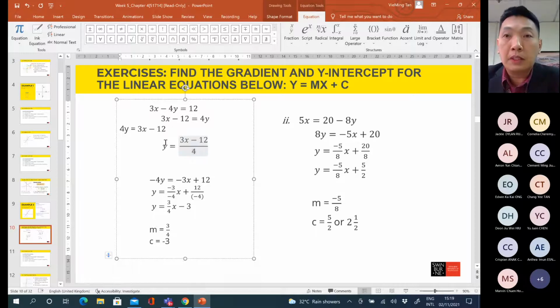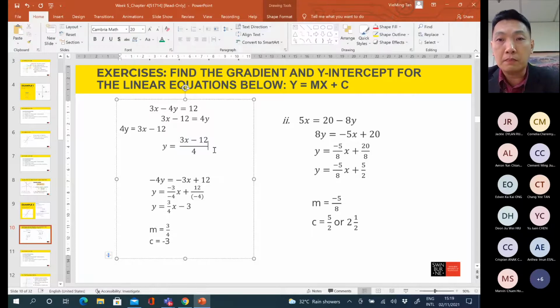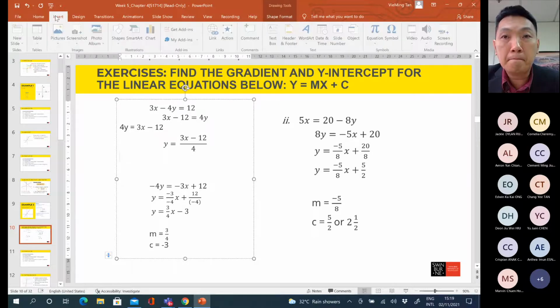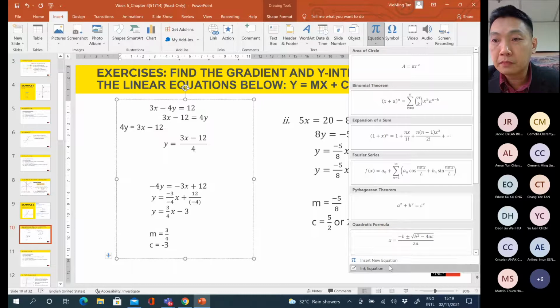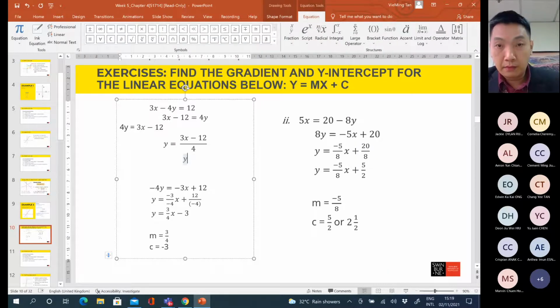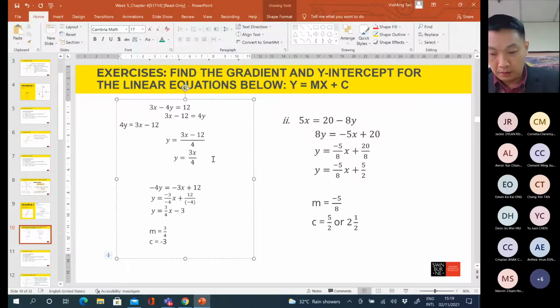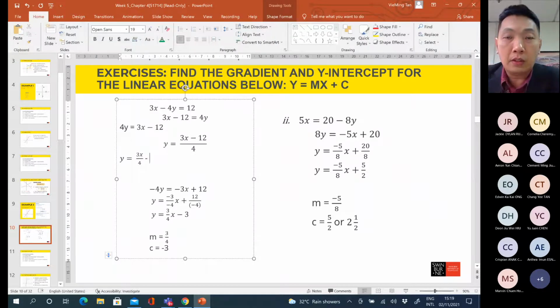Because we want to have the equation in this form, we need to split this into two terms. So on the right-hand side, the first term is 3x over 4, and then the second term is minus 12 over 4. So I do it step by step.